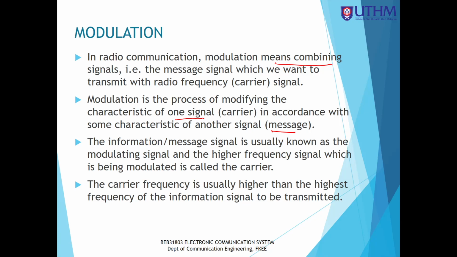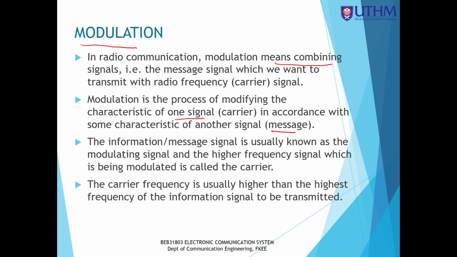Remember, we do the modulation process so that we can transmit the input signal into a medium suitable for long distance transmission. For example, your mobile phone. The easy example is your mobile phone. When I want to transmit my voice, I want to talk to you. You are now at home, which is kilometers away from me.